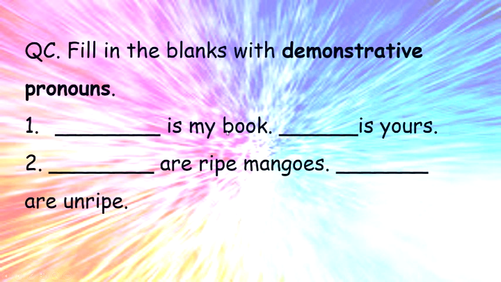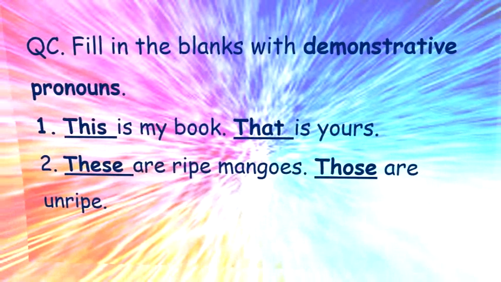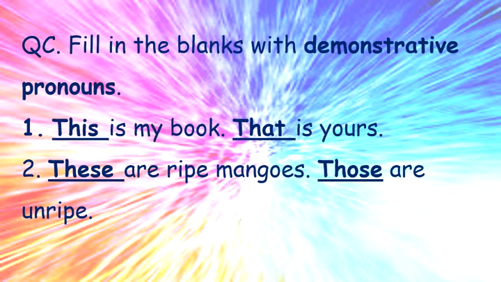I'm sure you've got your answers. So time to check. The answers are this is my book. That is yours. Okay? Because when you point out anything that belongs to you, that thing must be near to you. Right?